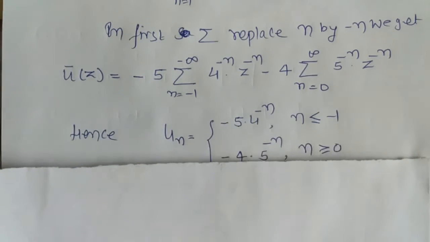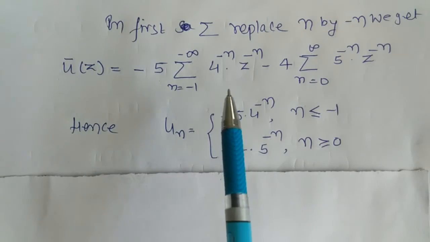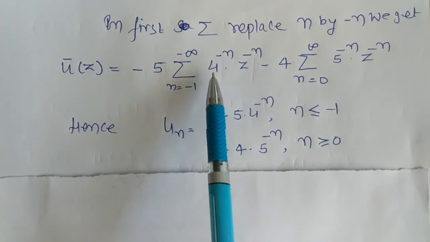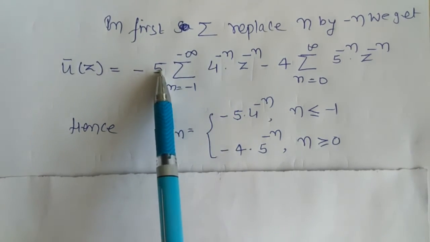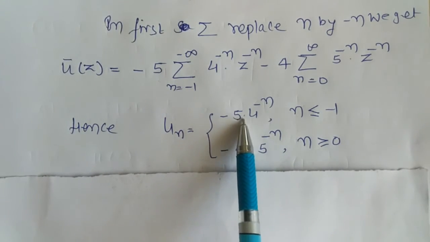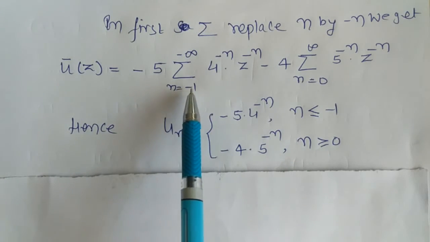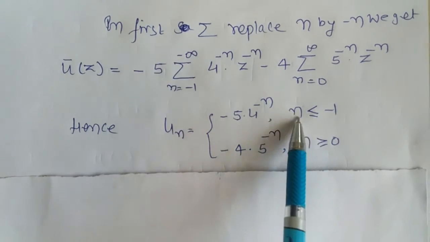So u(n) is what? The coefficient of z power minus n. So here the coefficient of z power minus n is 4 power minus n into minus 5. So we write minus 5 into 4 power minus n for n less than or equal to minus 1.